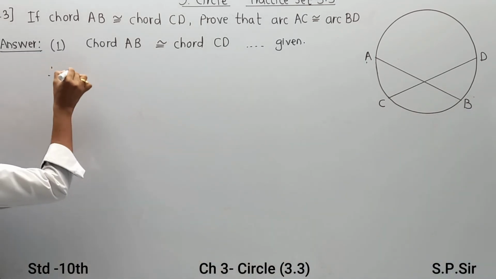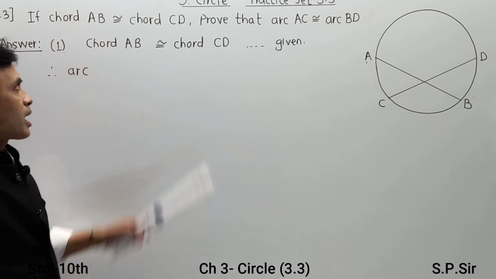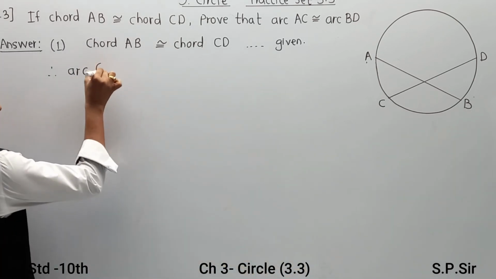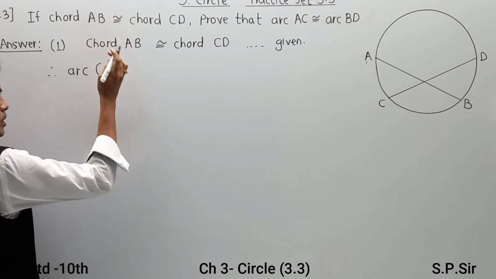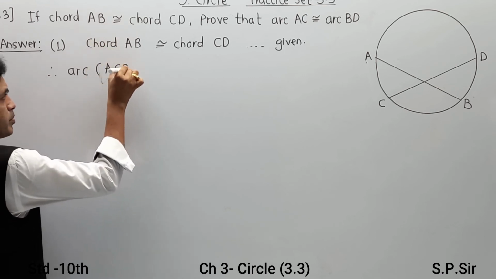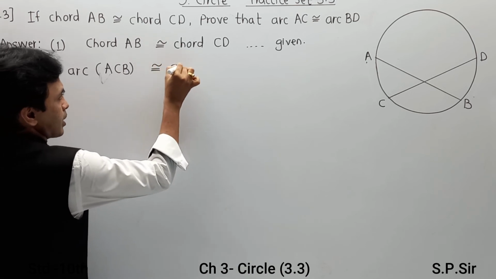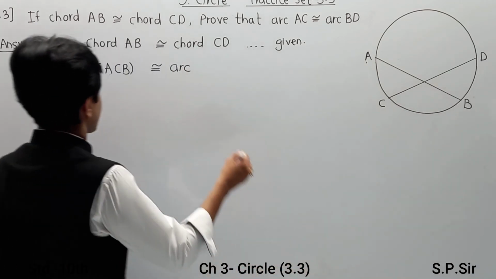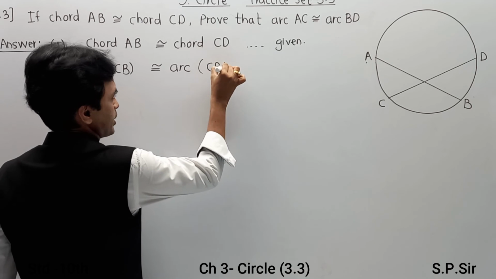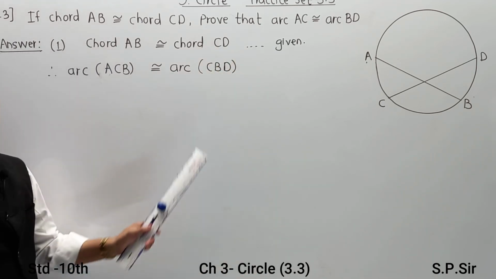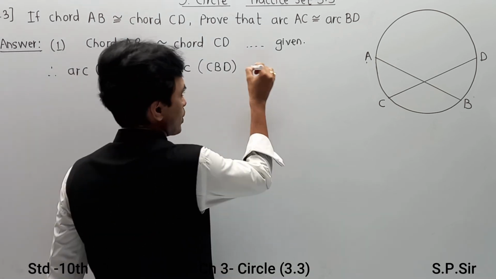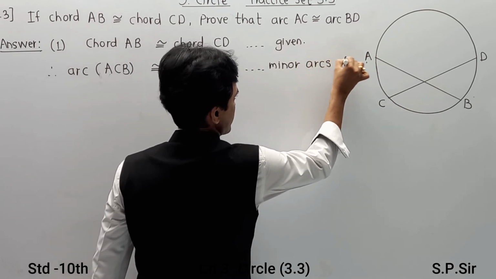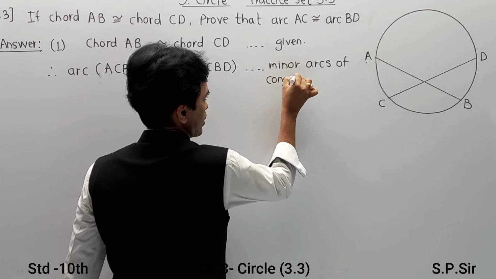Therefore, chord AB has minor arc ACB, which is congruent to arc CBD, as chord CD has minor arc CBD, and the reason is minor arcs of congruent chords.